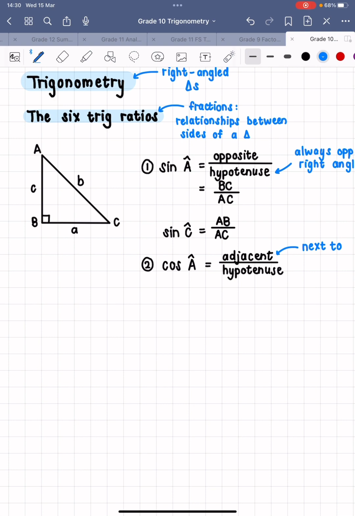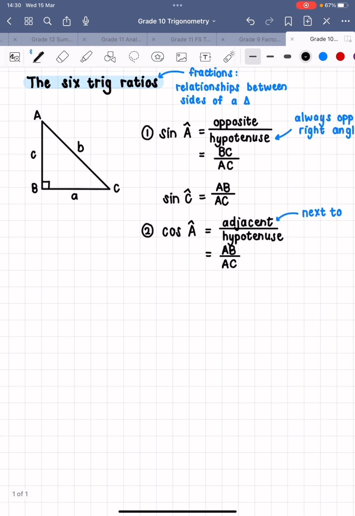This one here, AB. That one is opposite. That one is the hypotenuse. This one is the adjacent side. Okay, so at the top of this fraction, we're going to put AB. And at the bottom of the fraction, again, the hypotenuse is always opposite the right angle, AC.